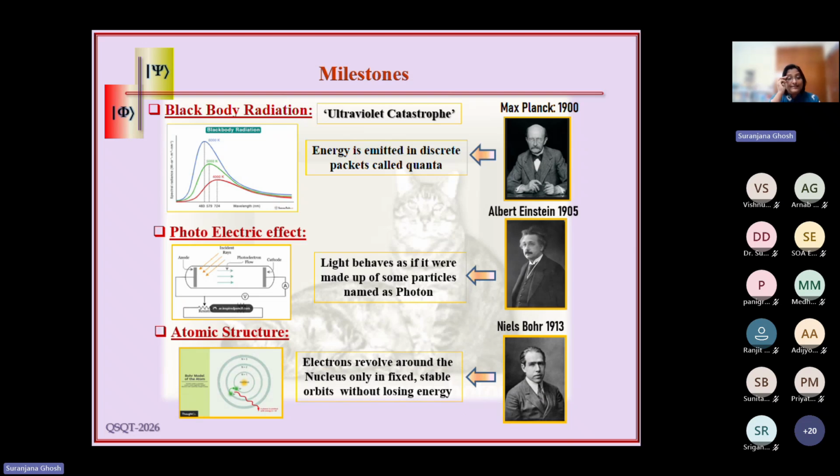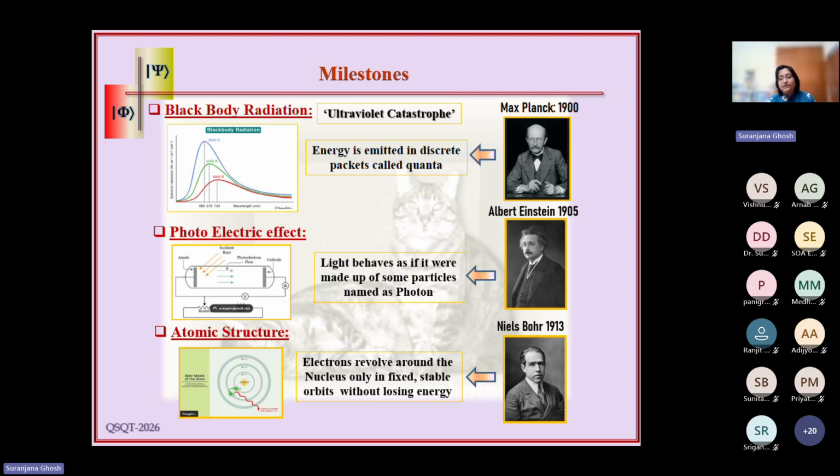Rutherford did the experiment, mentioned the nucleus and then gave the planetary model. But there was again some problem: as a charged particle accelerates, it will radiate energy and fall onto the nucleus. Then Bohr came and gave the idea that only some specific orbits are allowed where the electron can evolve, so they will not lose energy. And then he explained the hydrogen spectra as well.